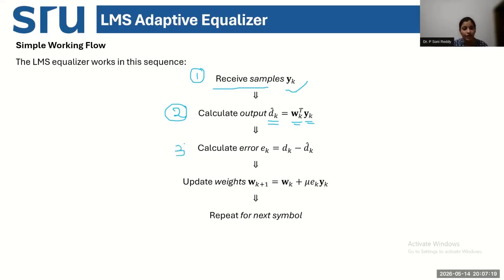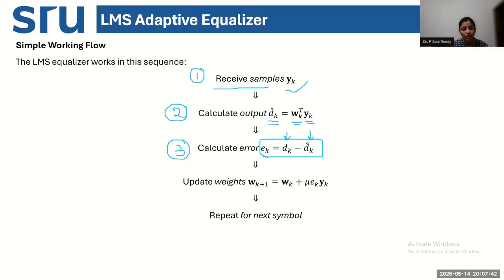In the third step, it will compare the decision of this regenerated output and see what the error factor is. What does the error factor mean? It is the difference between the actual transmitted signal and the received signal, or the equalizer output.